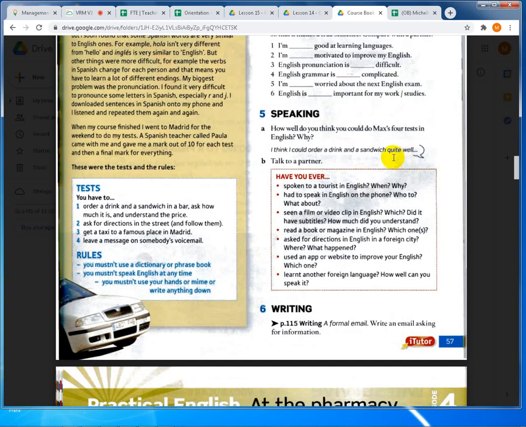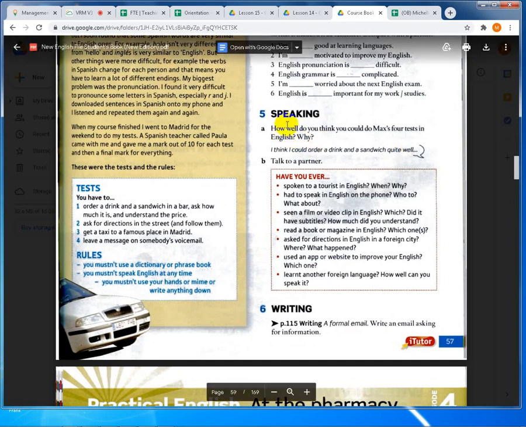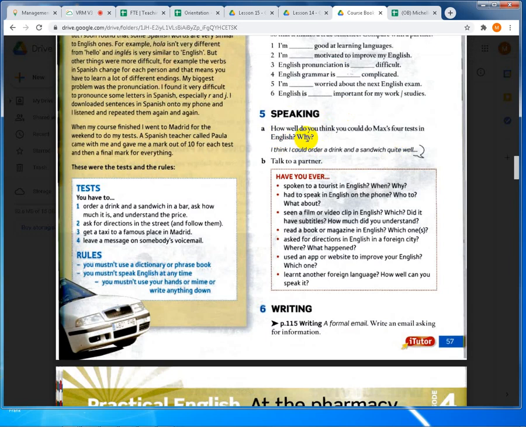Can you try to answer the question? How well do you think you could do Max 4 tests in English? Okay, so in the example, you will notice quite well. What about you? How will you describe it?